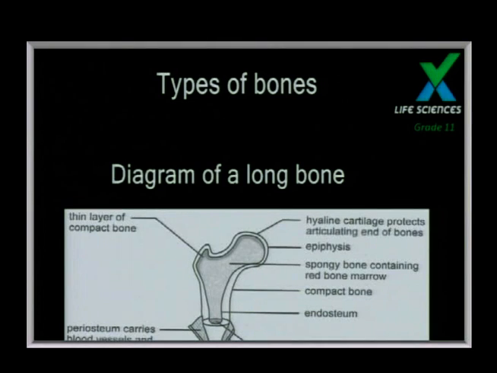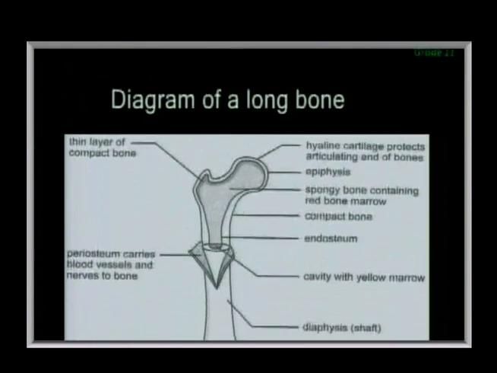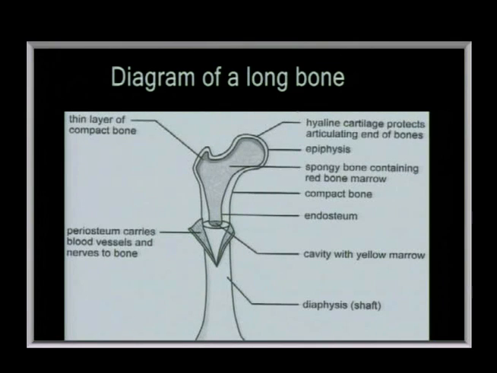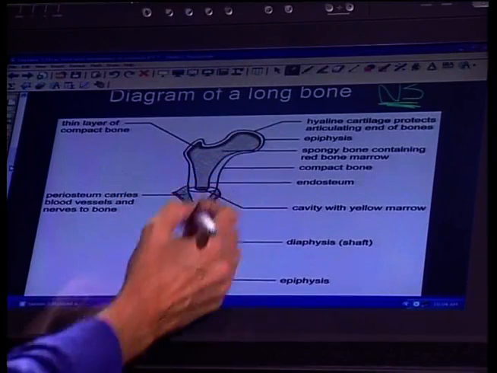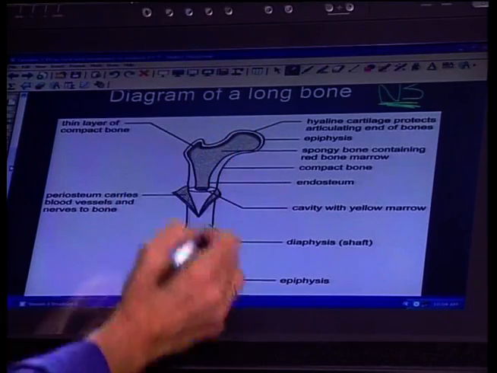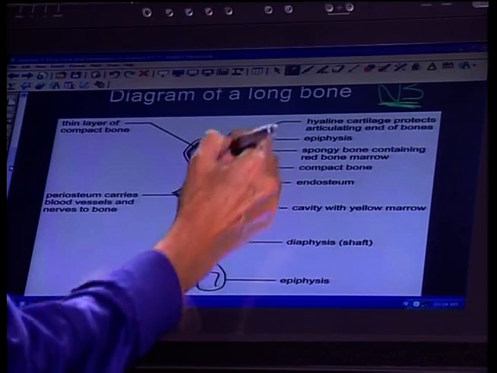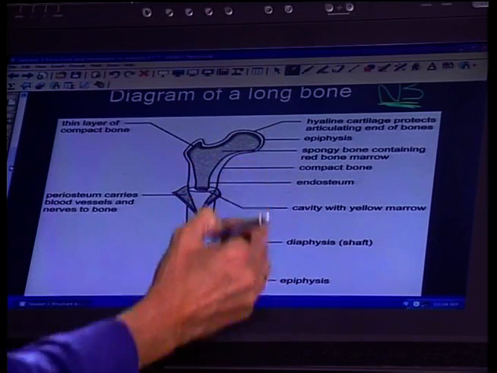All right, people, you must know the diagram of a long bone. This is very, very important. Nota bene, it is very important. You must learn this. You will get it in some form in an exam. So what do we have here? There's the long bone. You have the head on one end, the head on the other end, and the compact shaft in the middle.